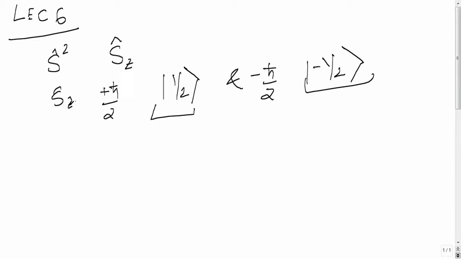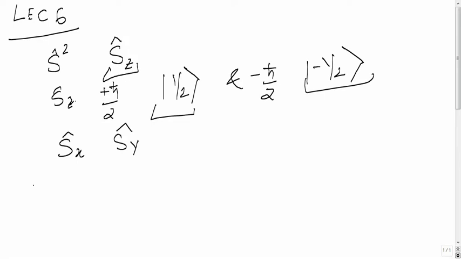So this means that the x component of the spin angular momentum can be written like this, and the y component can be written like this, and they behave exactly the same way as the S sub z operator.